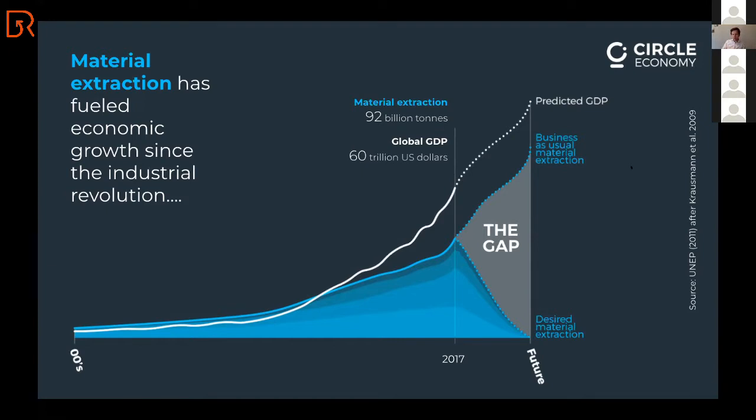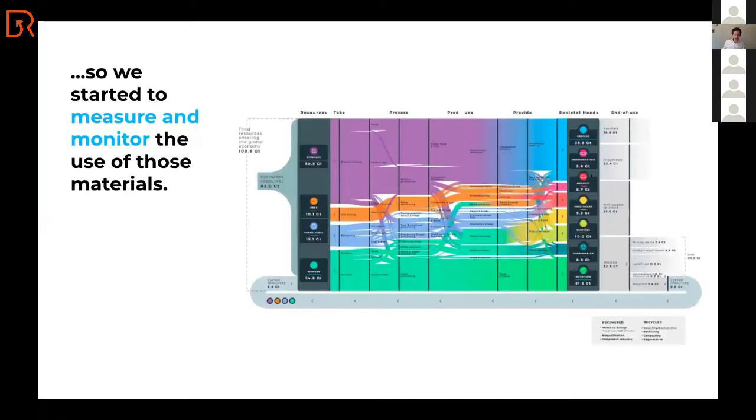So see if we can find a way that we can still foster economic growth while also minimizing material use and all the negative impacts that are associated with that. We saw that happening, and this is why we started measuring as a company in 2018 how you can actually monitor the circularity of the global economy.